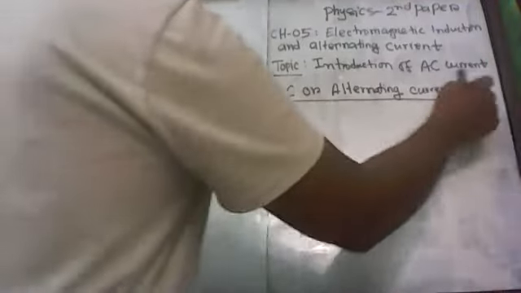Boys and girls, you know that electric current is of two types: one is AC current and another is DC current. The electrical current which changes its direction with respect to time is known as AC current. The electrical current which does not change its direction with respect to time is known as DC current.